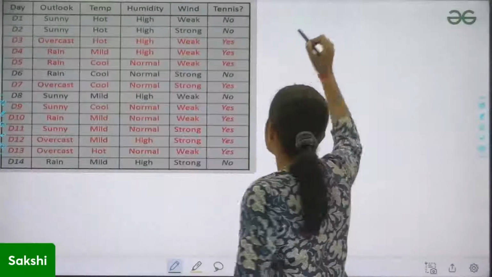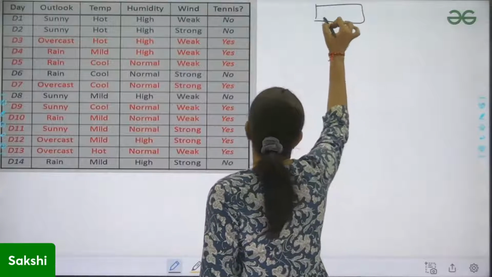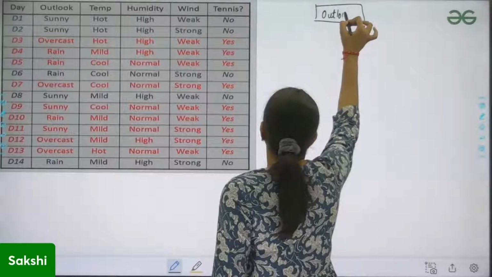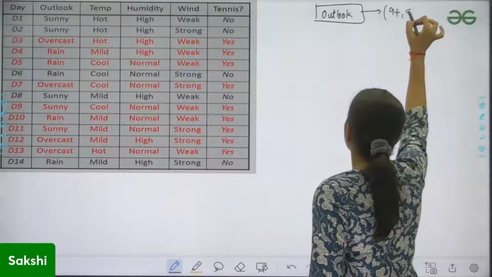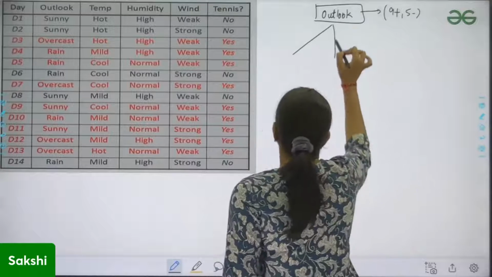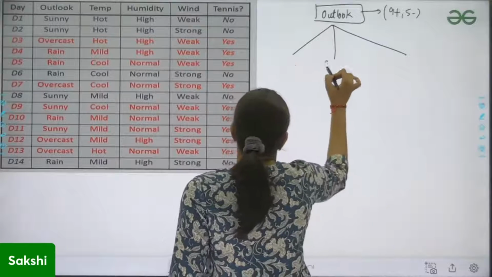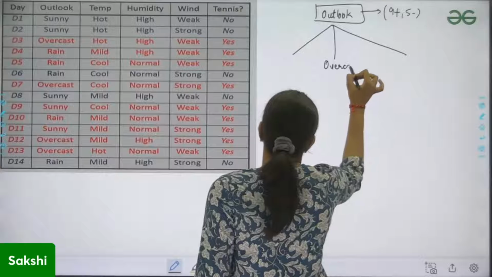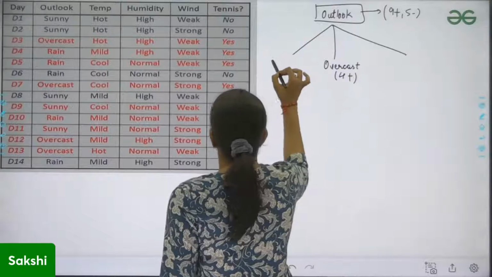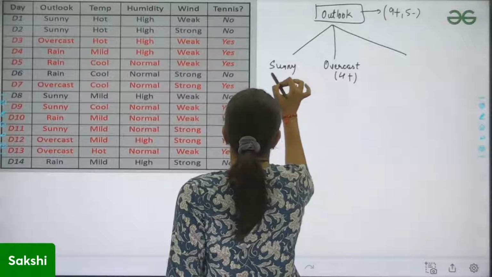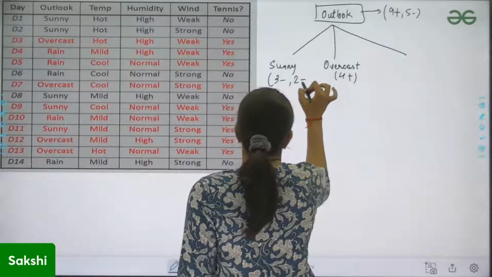Okay, so that means I am going to divide my table using this Outlook feature. I started with 9 positive and 5 negative, right? And then I divided it into overcast, in which we got 4 positive, sunny, in which we have 3 negative, 2 positive.